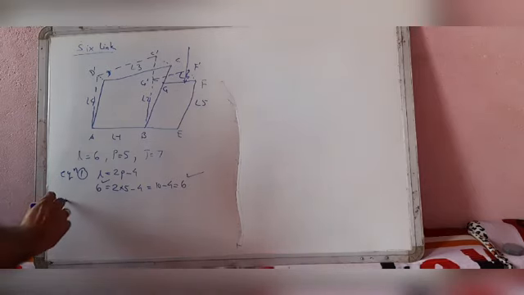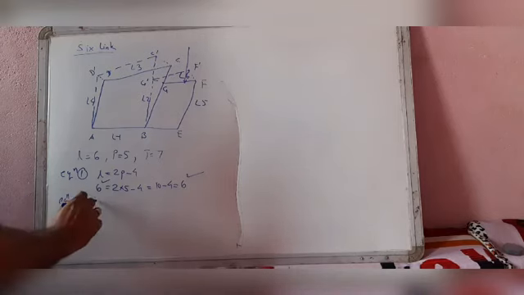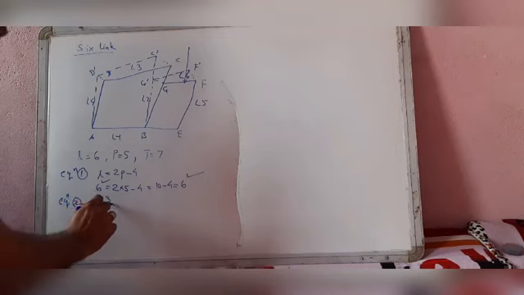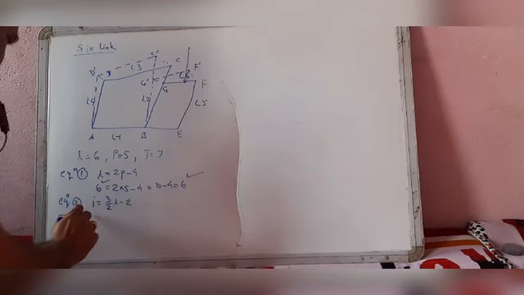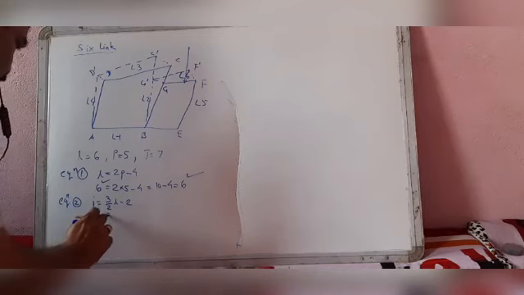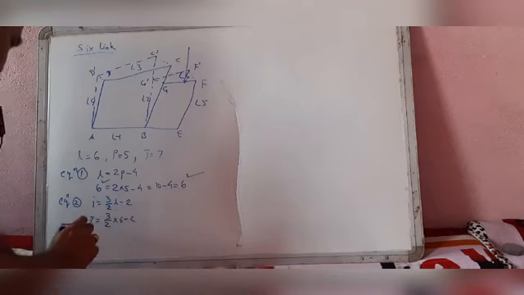Then equation 2: J is equal to 3 by 2 L minus 2. The number of joints is 7, equal to 3 by 2 into L, 6 links, minus 2.